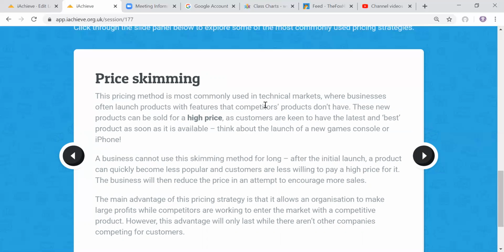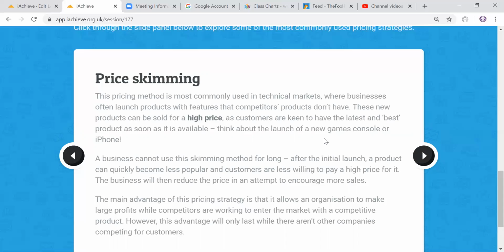It's most commonly used in technical markets, such as the mobile phone market, where businesses often launch products with features that competitive products don't have. These new products can be sold for a very high price. For example, the iPhone 11 launched at an extremely high price, as customers are keen to have the latest and best product as soon as it's available.